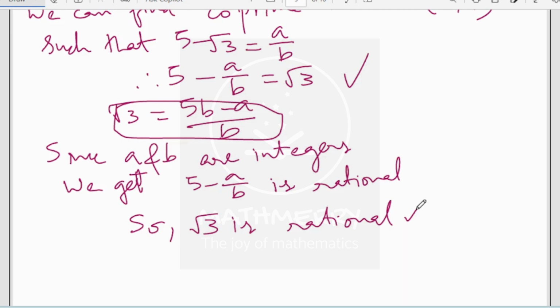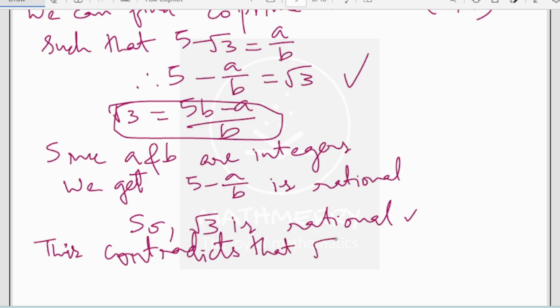But we know that root 3 is an irrational number. So this contradicts that root 3 is irrational. Okay, this is a contradiction. Why are we getting this contradiction?